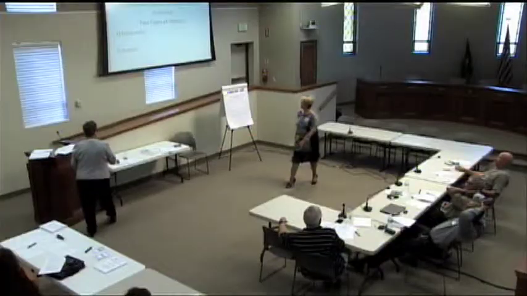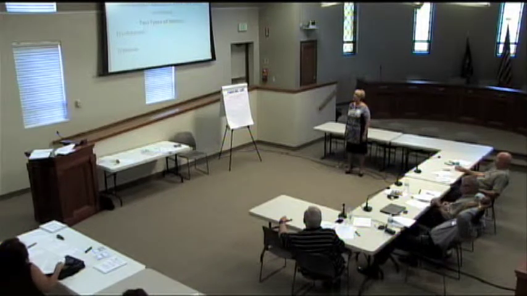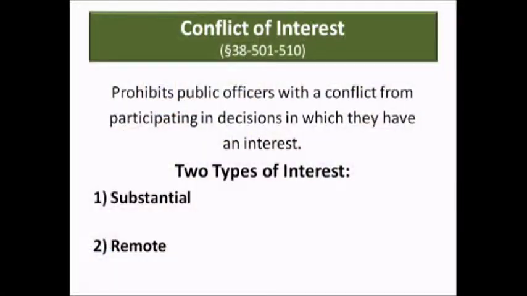I'm going to quickly go over conflict of interest. The Arizona Revised Statute states that a conflict of interest prohibits a public officer, that would be you, from participating in any decisions. That's discussion or voting on anything that they find you have a conflict of interest. And there are two types, substantial and remote.